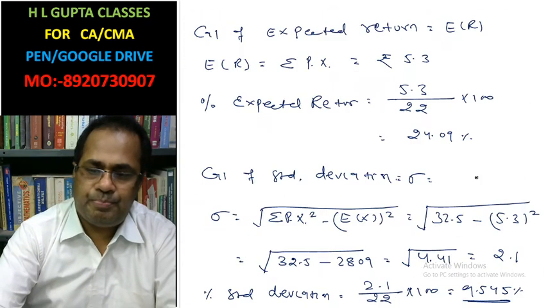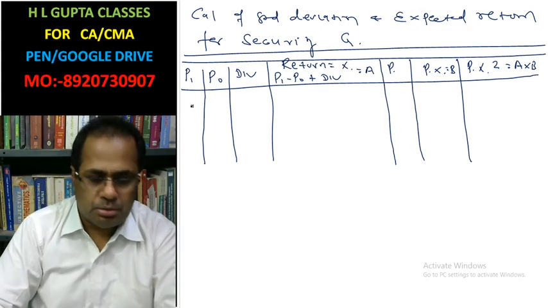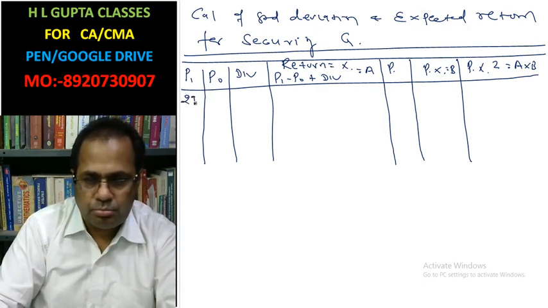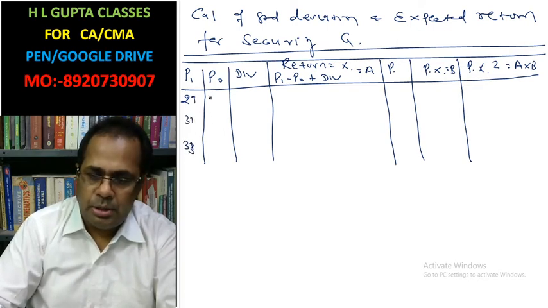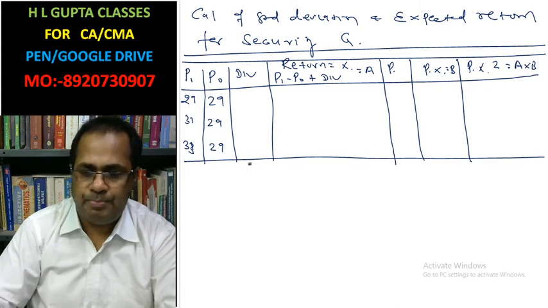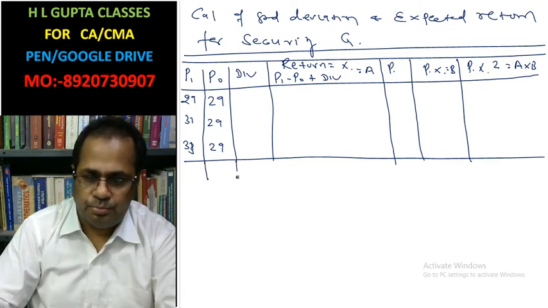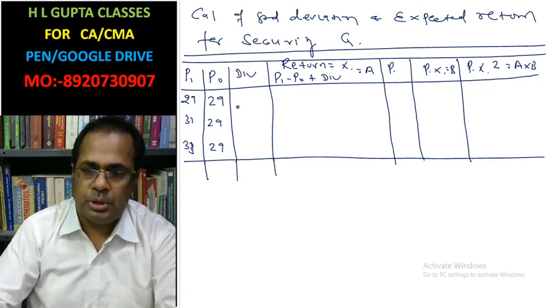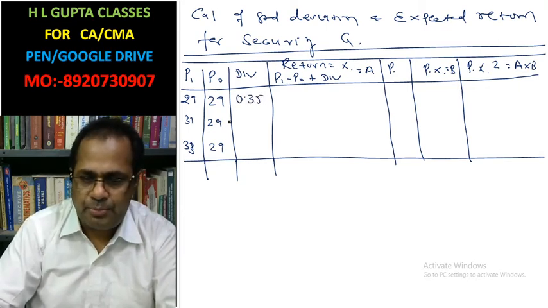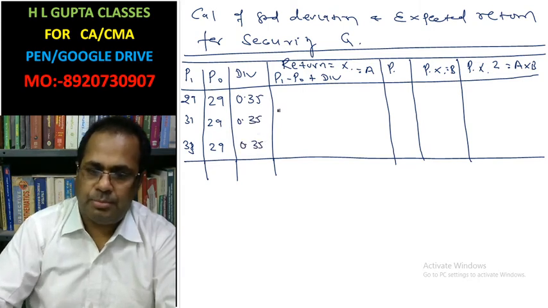This is the market price 29, 31, 33. Here P0 is 29, 29, 29. This is calculated. Okay. Now what is the dividend? Dividend is 0.35. We have already calculated 0.35, 0.35.